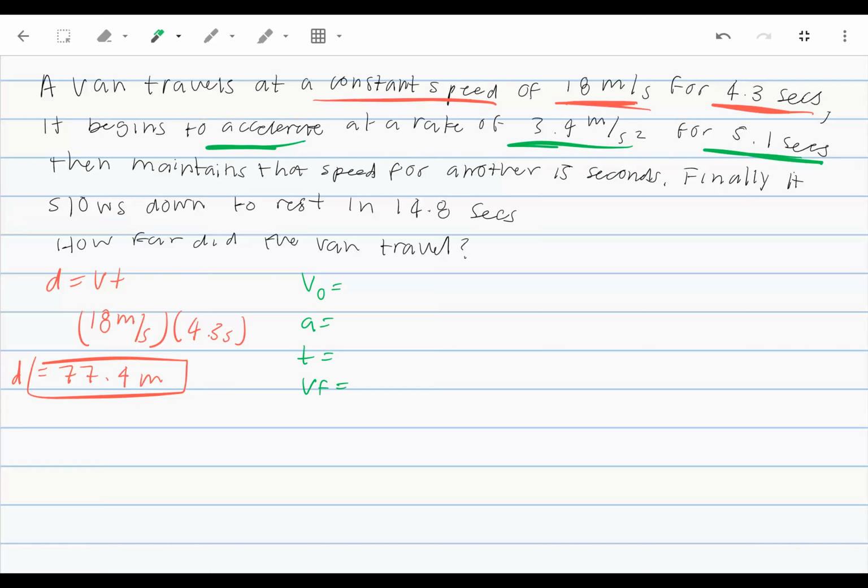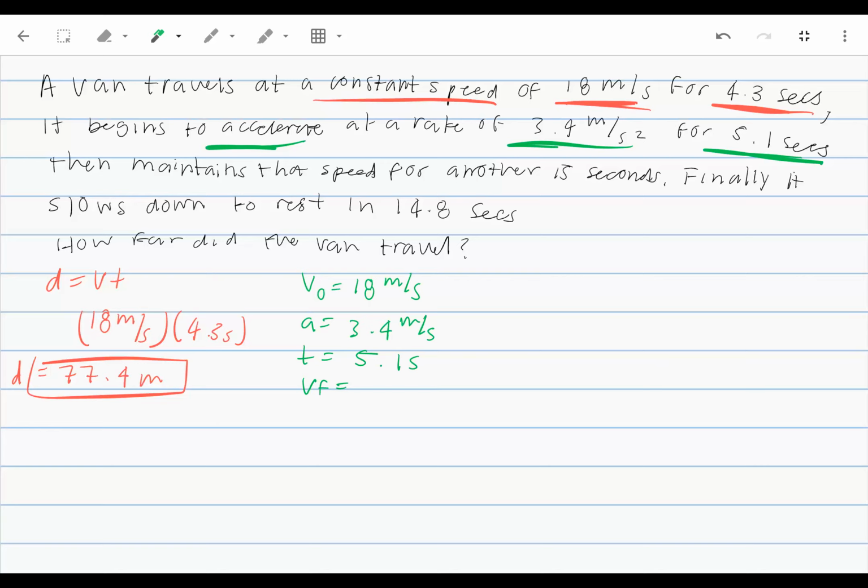Here these are given. The time is going to be 5.1 seconds, acceleration 3.4 meters per second squared, and our initial velocity is going to be 18 meters per second, because that is where we left off in the previous one. We have to find the equation that has all these variables.